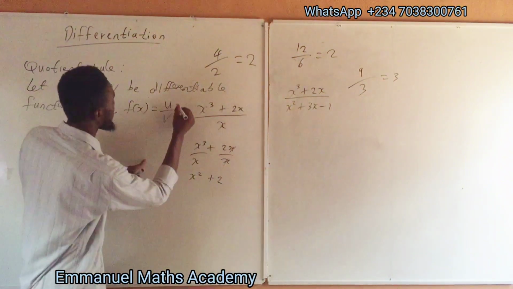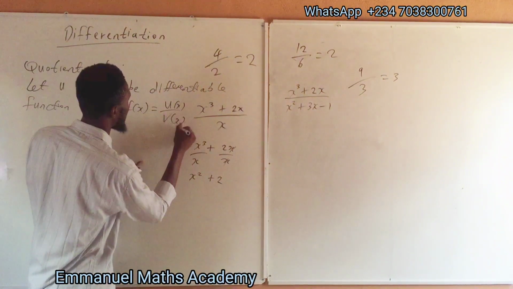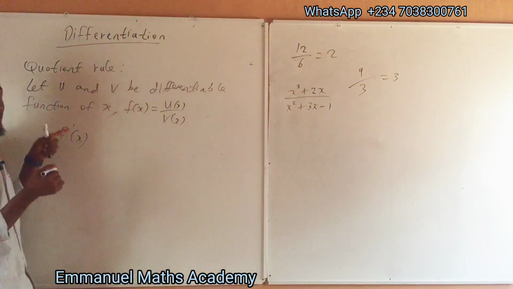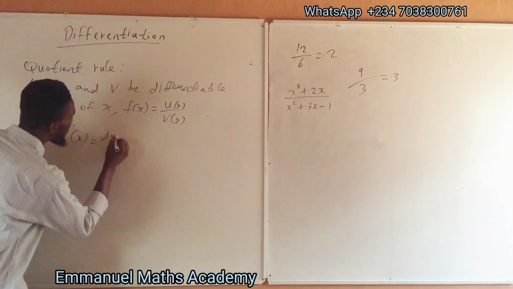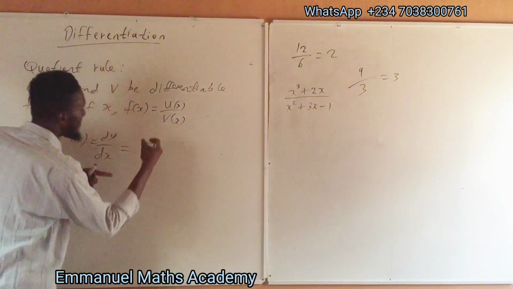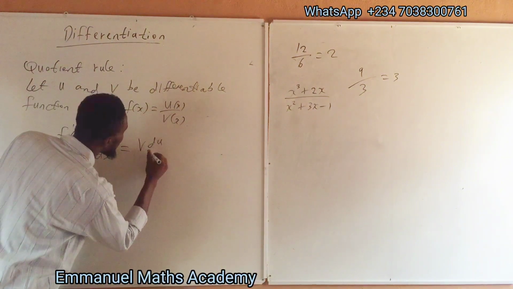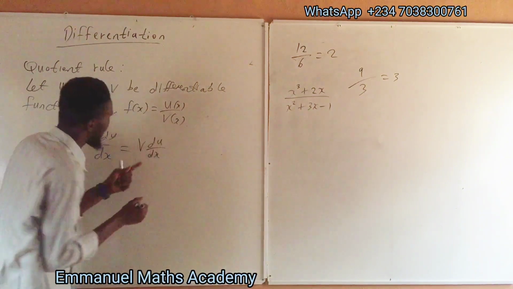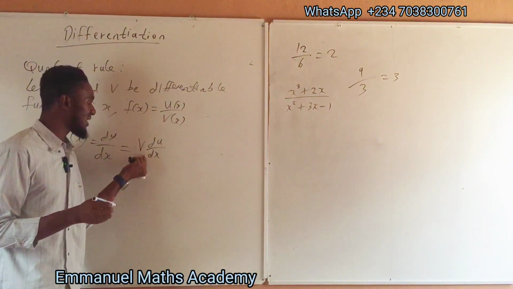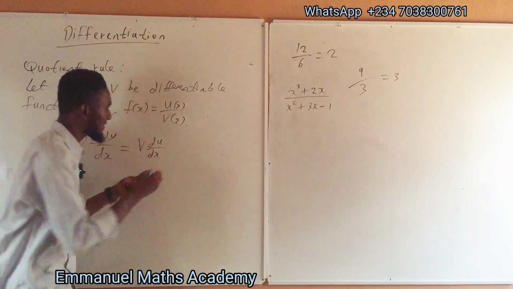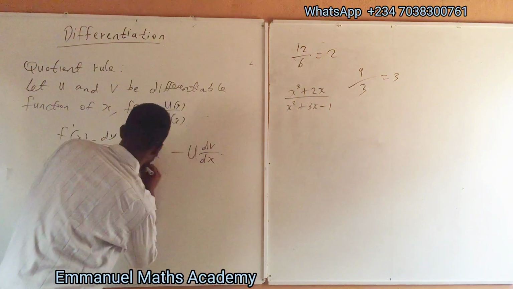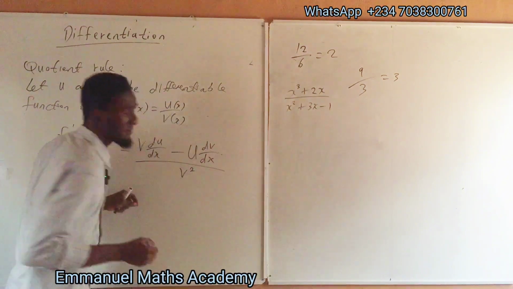Remember that u is a function of x and v is a function of x also. f prime, which is the derivative of this, dy dx, is equal to v du over dx. Keep v, what you have in your denominator, then differentiate u with respect to x, minus keep u, differentiate v with respect to x, all over v squared.